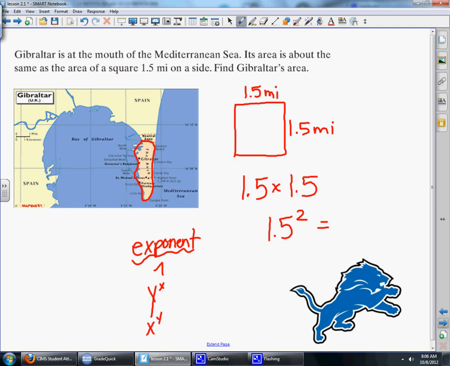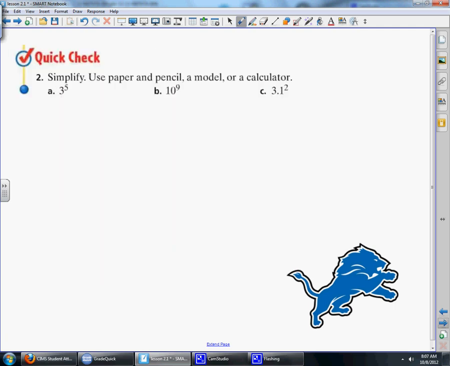So you would type in 1.5 and then the exponent key, and then the number that is the exponent, and 1.5 to the 2nd power is 2.25, and that would be square miles. That's the area of Gibraltar. Okay, on your own, I want you to try this, and you can use your calculator if you'd want, or you can use a piece of paper. So pause the video and try these problems, and then we'll come back and go over them.